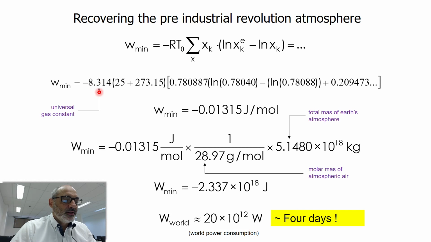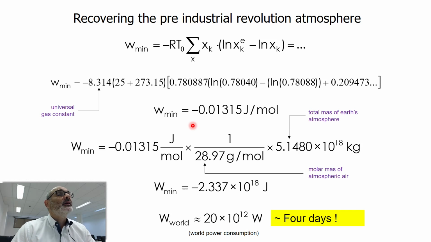Minus R, the gas constant, times temperature. We're doing everything at room temperature, 25 degrees, times the concentrations, 0.78088, and so on. The formula goes on, it's very long, so I didn't bother to write it down.